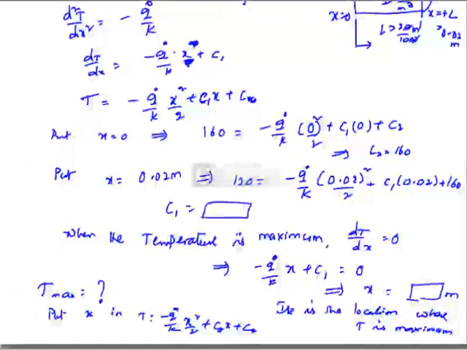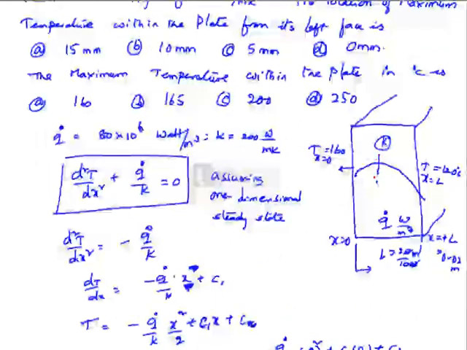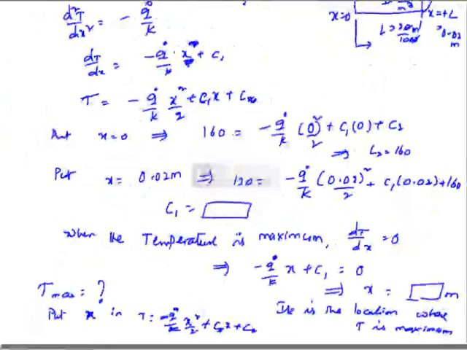Put the value of x where the temperature is maximum, which we already got, in the temperature function, and we will get the T max. Hence the problem.